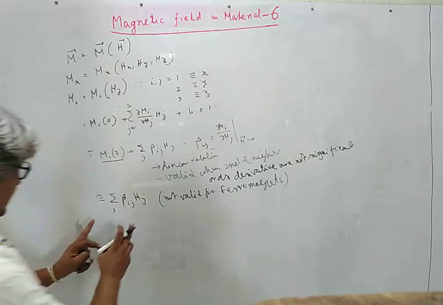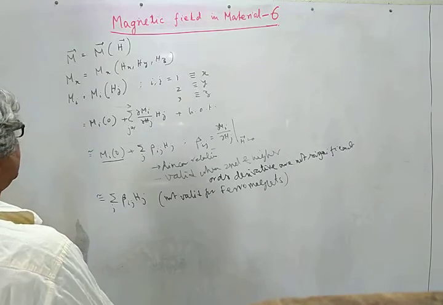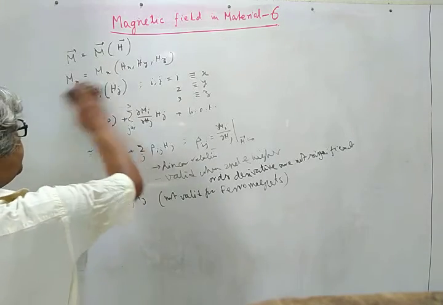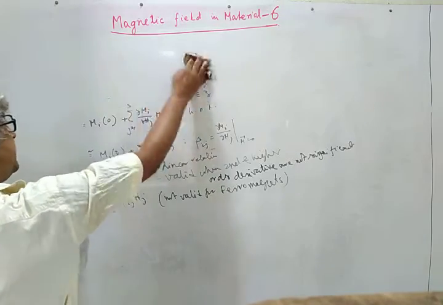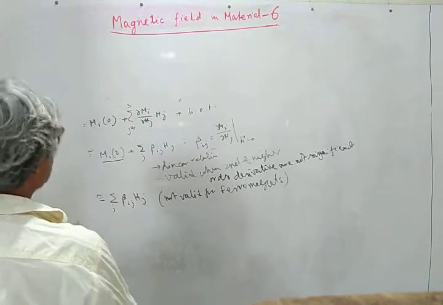If we write this expression explicitly, what comes out? Let me write it explicitly, for the x component.